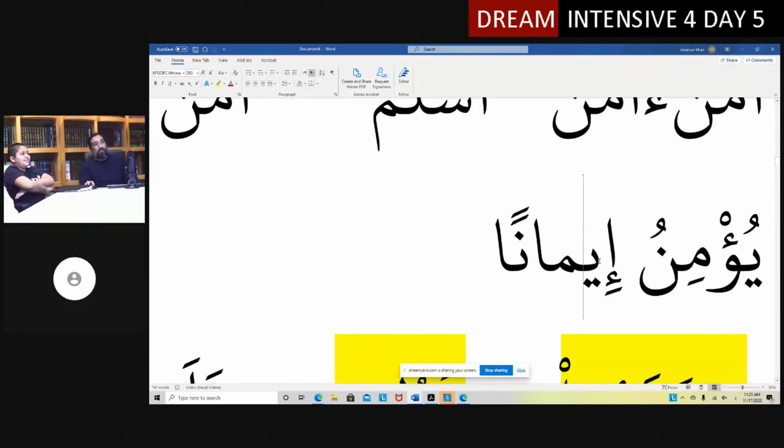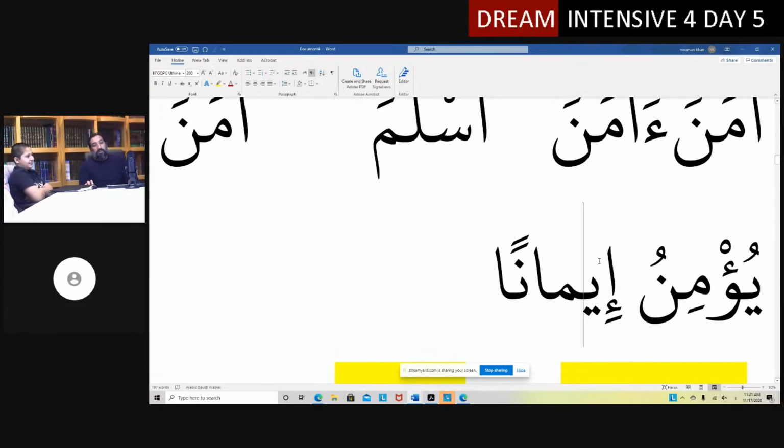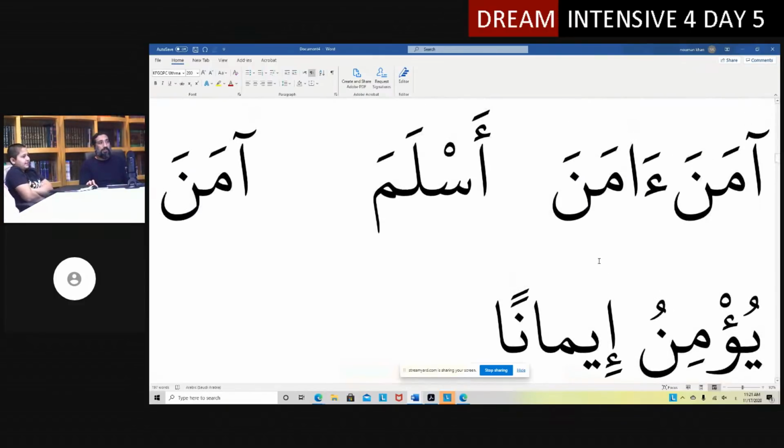So amana yu'minu imanan, fahuwa mu'min. The command from it is amin, and the prohibition is la tu'min. And the noun from it is mu'min. There's a really cool place in the Quran.